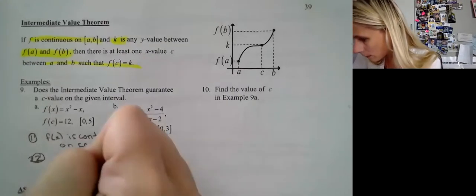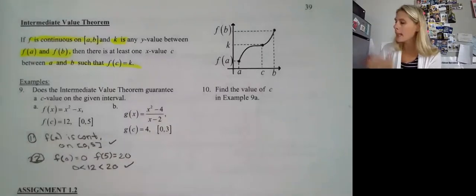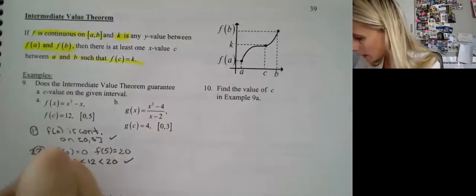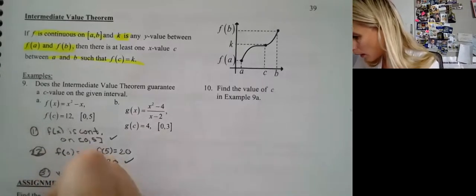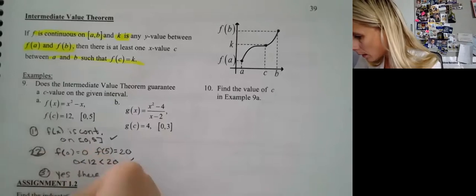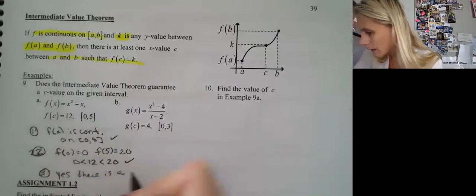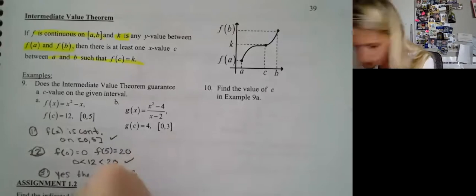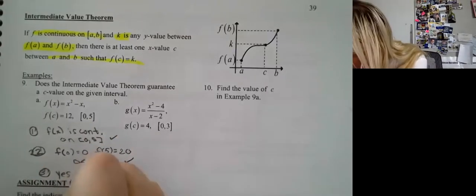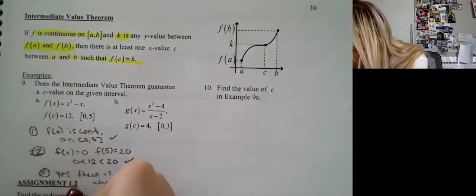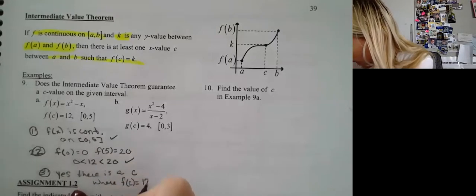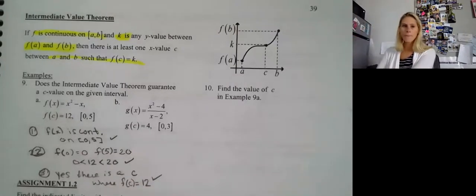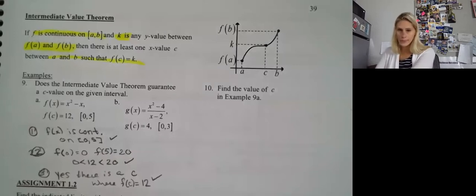Yes, it is. So what that means is that you're going to guarantee, so yes, there is a C where F of C equals 12. Okay? Yes, I know this is a pain, but we're going to do this.